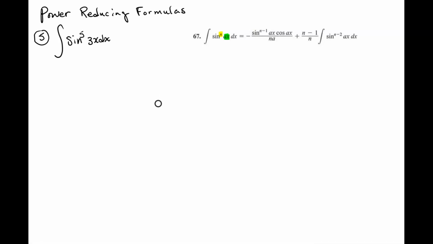We have n, which is 5, and ax, which corresponds to this 3x. So if I write down what I know, n equals 5, and a equals 3. Now that I've got that down, I have enough to start my integration process.